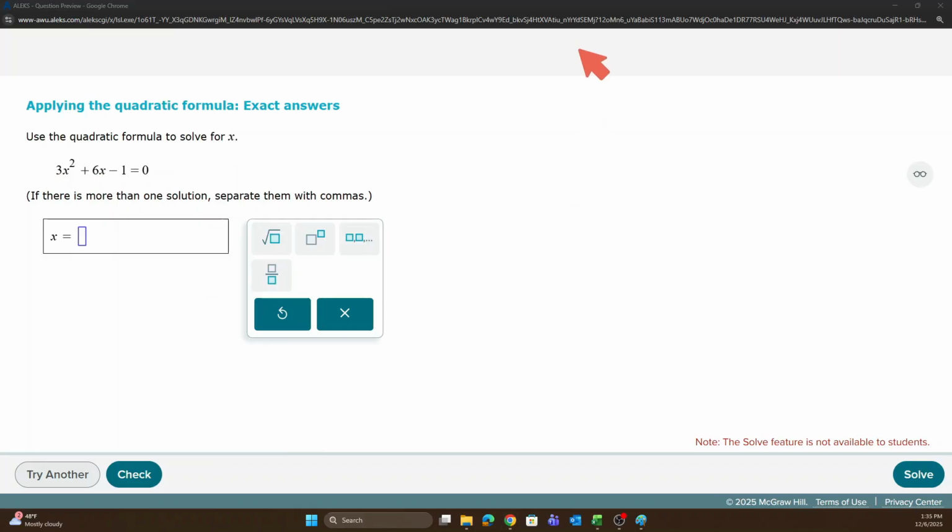All right, so for 18, what we need to do is use our quadratic formula. Now the quadratic formula is x equals -b plus or minus square root b squared minus 4ac, all over 2a.